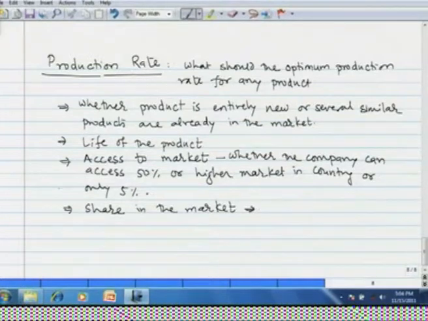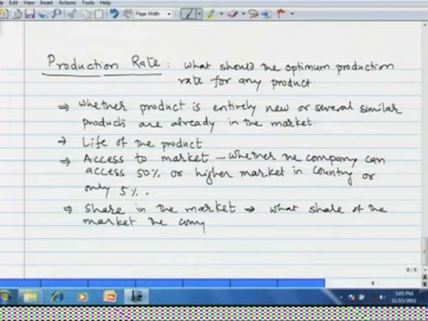Therefore, it matters a lot what share of the market the company has access to, or is owned by the company.